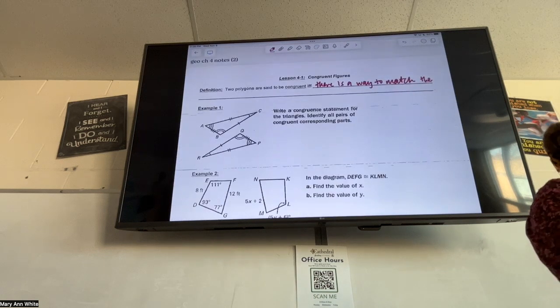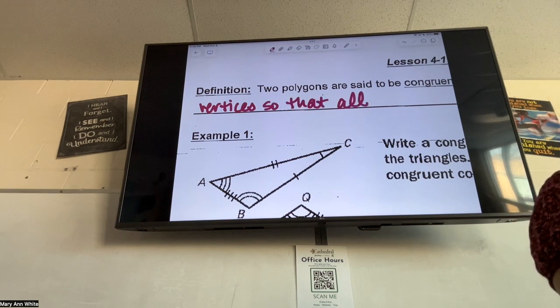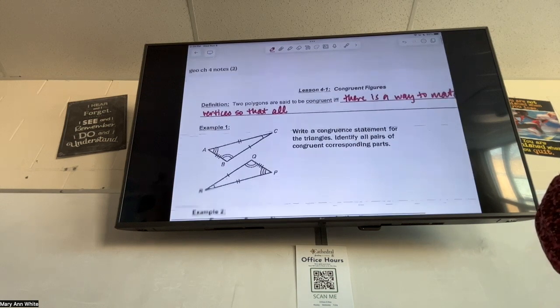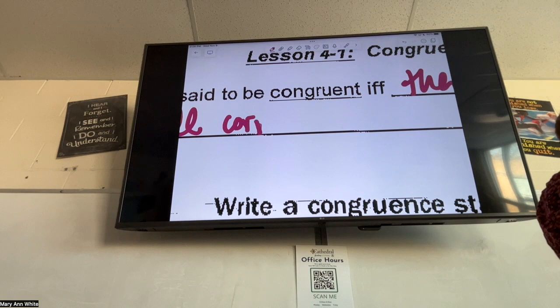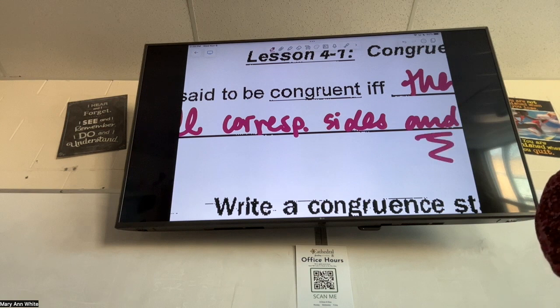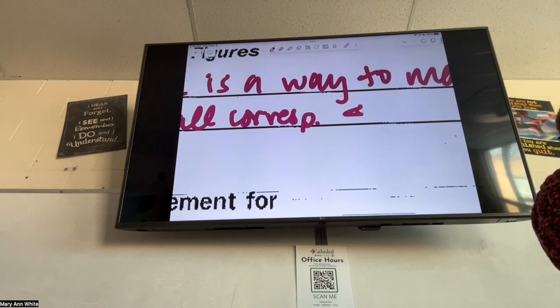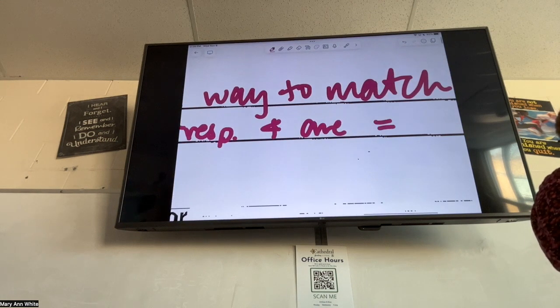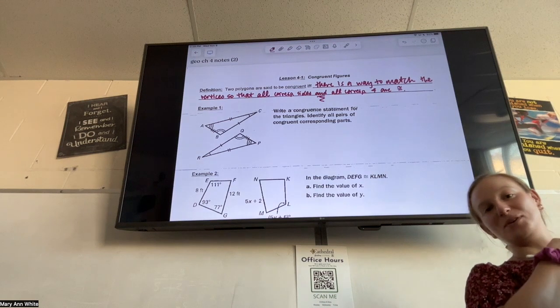There's a way to match the vertices so that all corresponding sides and all corresponding angles are what? Congruent. Great. Nolan got that right.